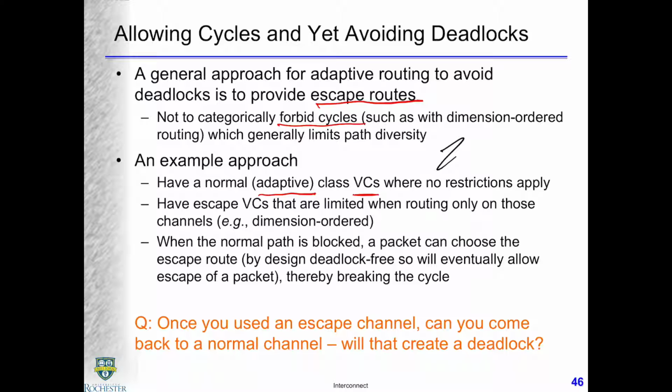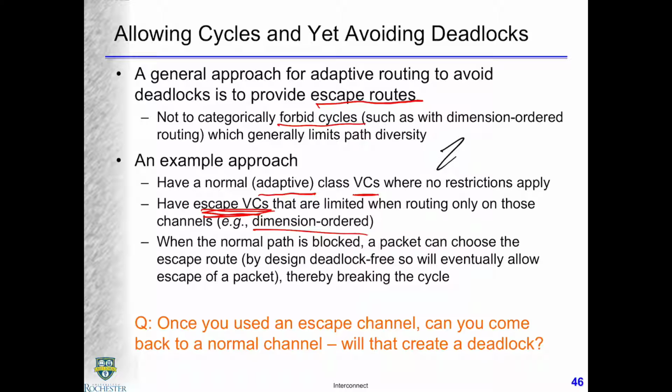So you have a normal VC where you can do whatever you want, no restriction. And you have your escape VC. This escape VC is not designed for performance. It's just there to get you out of trouble, to get you out of a possible deadlock situation.